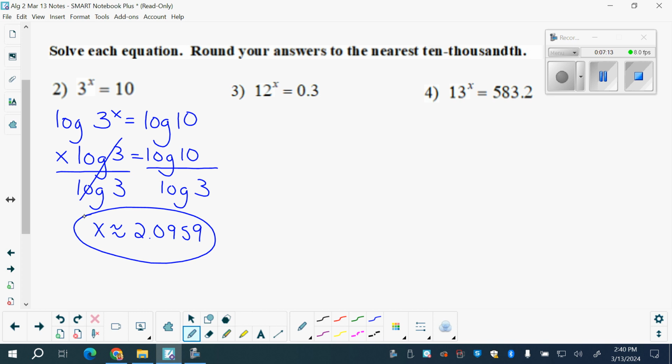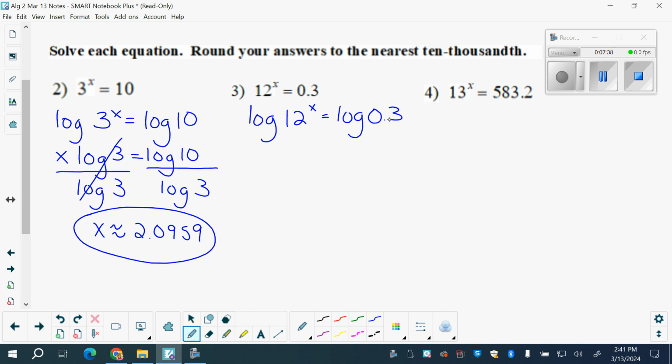Okay, so what's my first step on number 3? We want to take the log of both sides. So log of 12 to the x equals the log of 0.3.